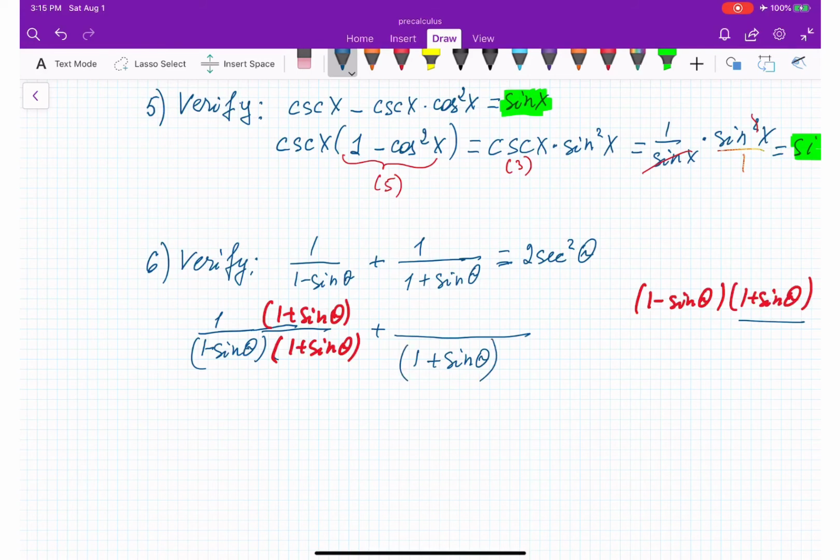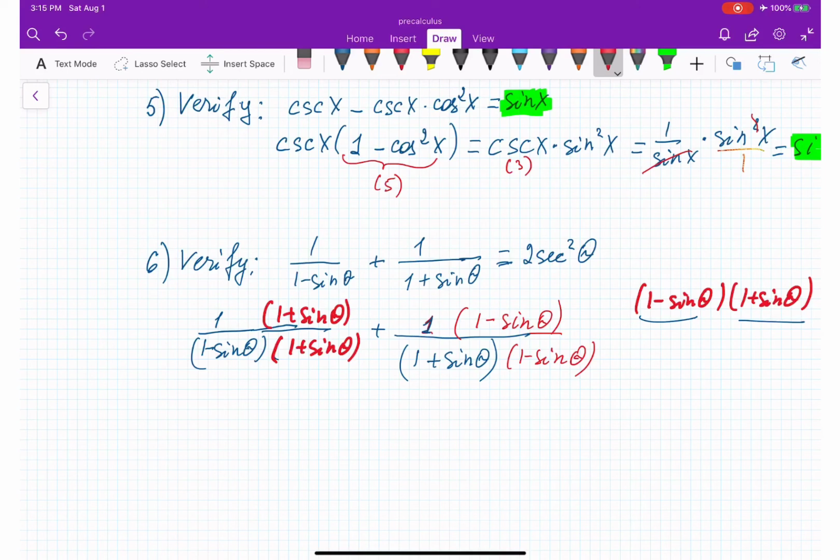Now this time I need 1 minus sine theta, right? So it's going to be 1 minus sine theta to bring to the same common denominator. And on the top we have 1. So I have to multiply again. Let me put this one blue color because it's original 1. And it's going to be 1 minus sine theta.